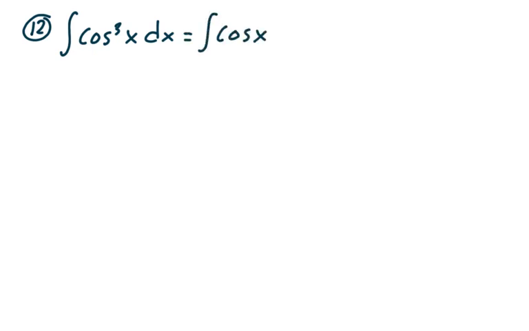So in other words, I'm going to write cosine cubed x as cosine x times cosine squared x dx. So the reason why I want to do that is because I know an identity to rewrite cosine squared x in terms of sine squared x.